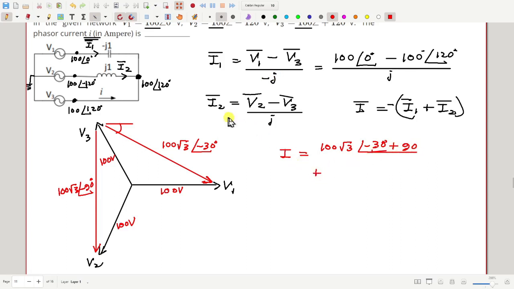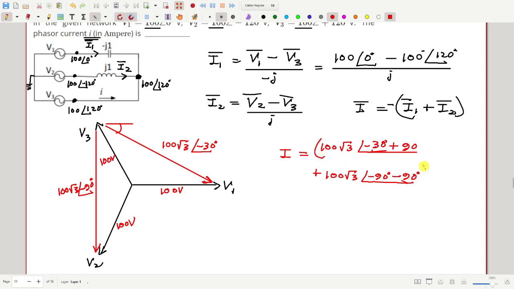Then another term is 100 root 3 angle minus 90 degree, but we divide by J, so the angle becomes minus 90 degree.